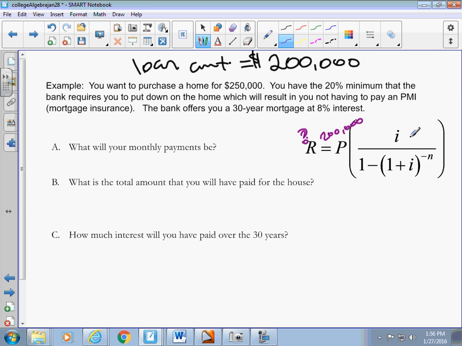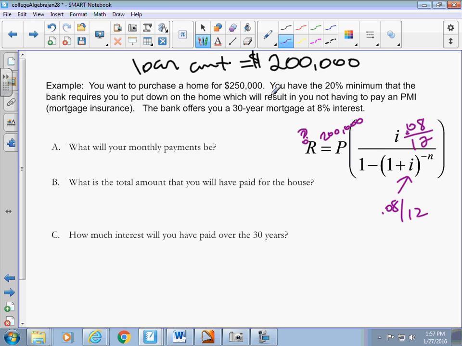P is 200,000. I is the interest rate divided by the number of pay periods, which is 12. So the interest rate, 8%, divided by 12 is my I. That goes here as well. So how did you find that?